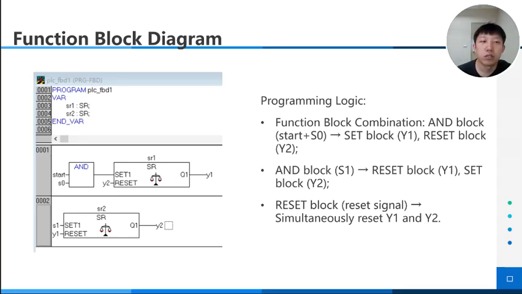S1 goes through an AND block, then connects to reset Y1 and set Y2. The reset signal directly connects to two reset blocks to reset both Y1 and Y2. This way connects blocks through signal flow with a clear structure and easy readability. Perfect for showing the relationship between logic.